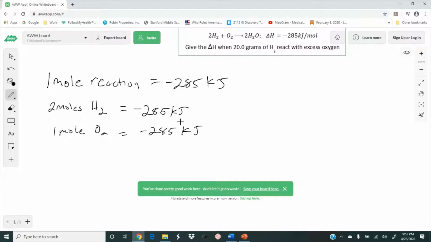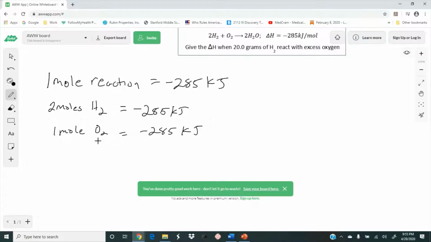So the whole thing gives off negative 285 kilojoules. Now, you don't add these together. When 2 moles of hydrogen react, that's 285 kilojoules. When 1 mole of oxygen reacts, that's also negative 285 kilojoules, because these two are happening together. You can't have 2 moles of hydrogen reacting without 1 mole of oxygen reacting.